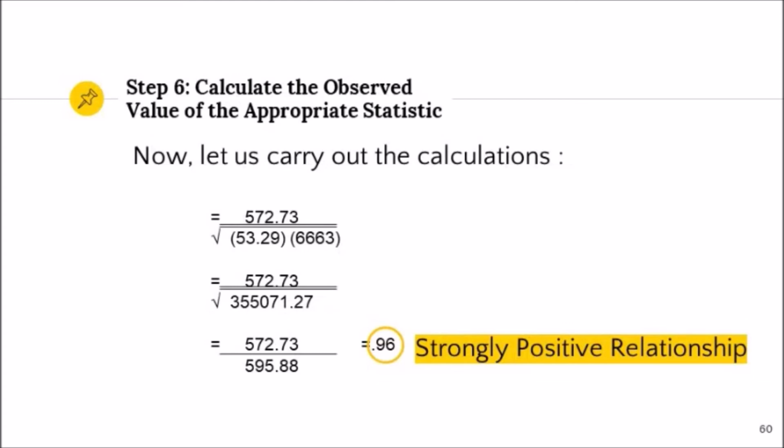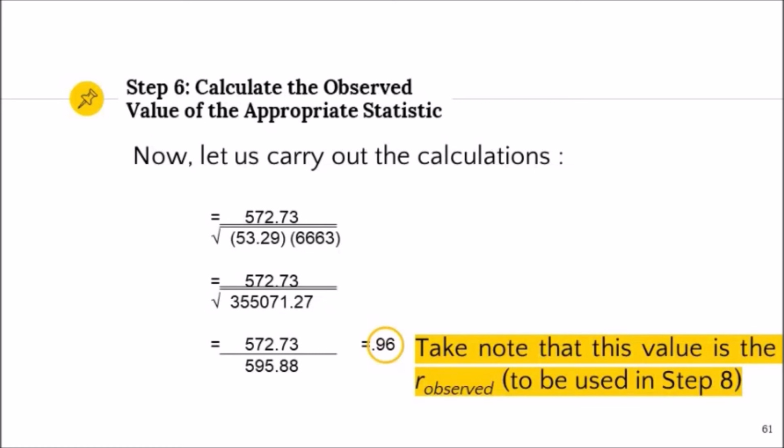And then once we divide 572.73 by 595.88, we get the observed value, which is 0.96, indicating a strongly positive relationship. Let us not forget that 0.96 is valuable because this is the R observed, and this will be used in step 8.